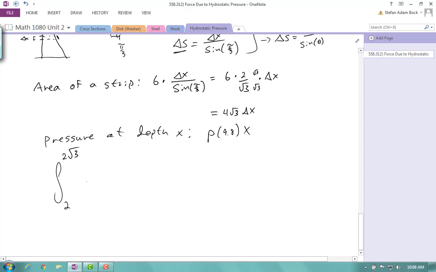And I'm going to multiply the pressure by the area that it acts upon, which was 4 root 3 delta x, which turns into a dx in the integral. So here's my strip area, and here's my pressure.